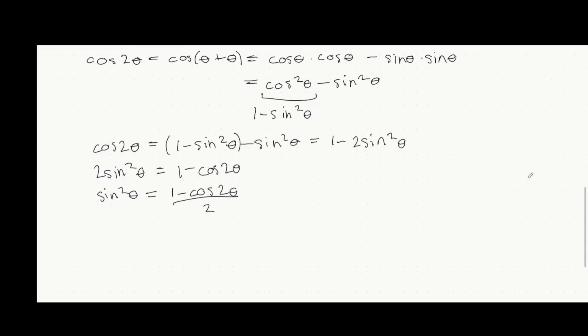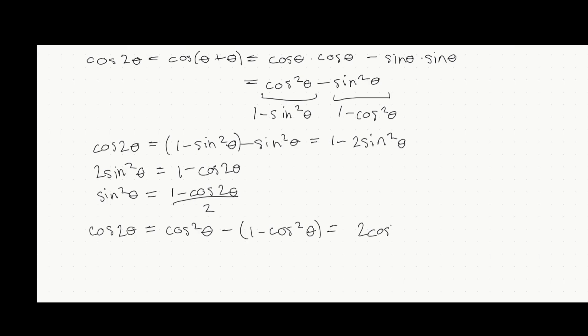And we will similarly, to solve for cosine squared, replace sine squared with 1 minus cosine squared. So for the cosine identity, we have cosine squared minus 1 minus cosine squared, which is 2 cosine squared theta minus 1.